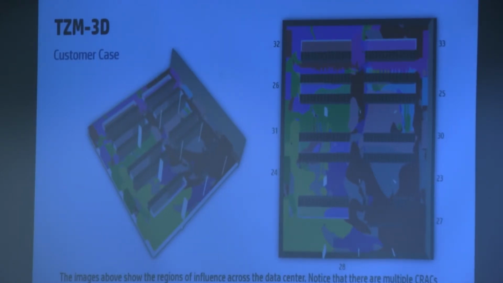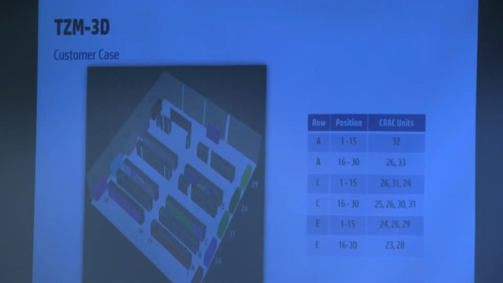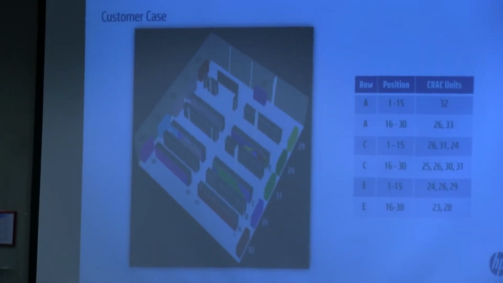We also did an analysis of their utilization in the data center, and then we used thermal zone mapping to understand, at each zone inside their cold aisle sections, how much each of those crack units influences there.